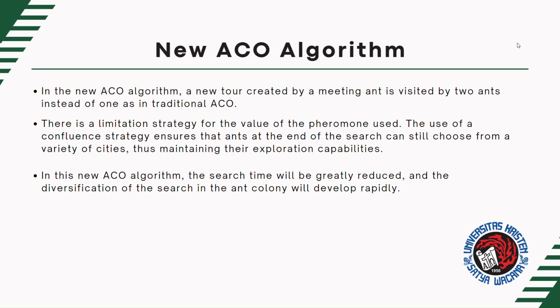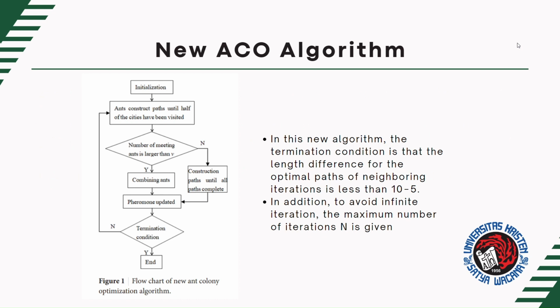So in this new ACO algorithm, the search time will be greatly reduced and the diversification of the search in the ant colony will develop rapidly. Here is the flow chart of the new ant colony optimization algorithm.